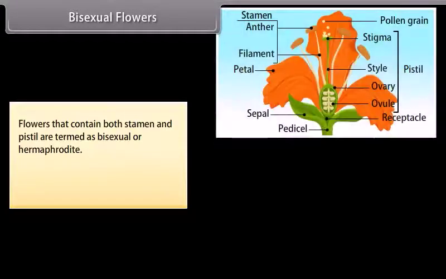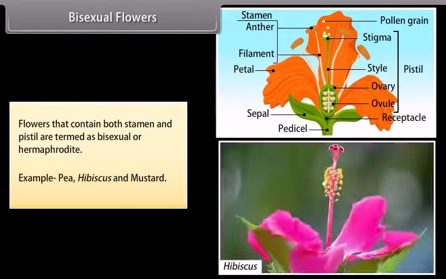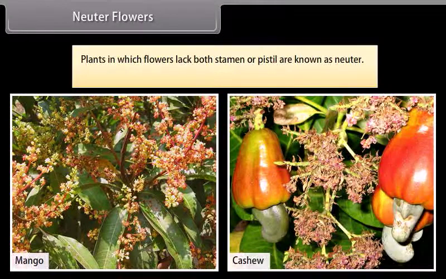Flowers that contain both stamen and pistil are termed bisexual or hermaphrodite. Example: pea, hibiscus and mustard. Neuter flowers. Plants in which flowers lack both stamen and pistil are known as neuter. Example: mango, cashew.